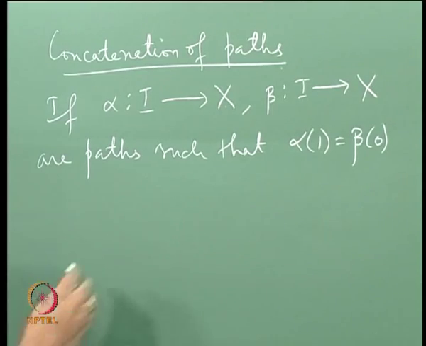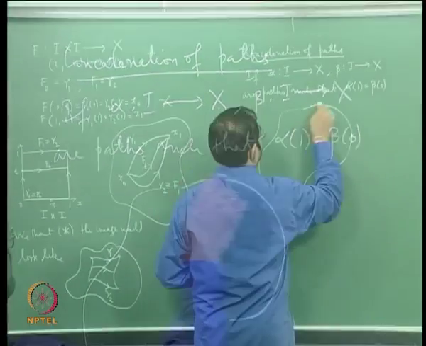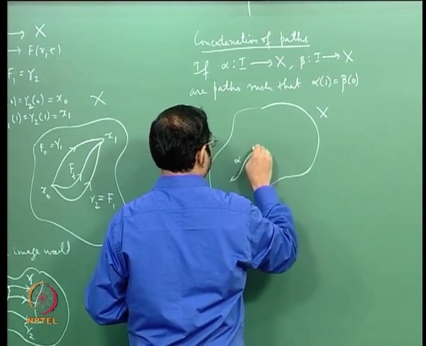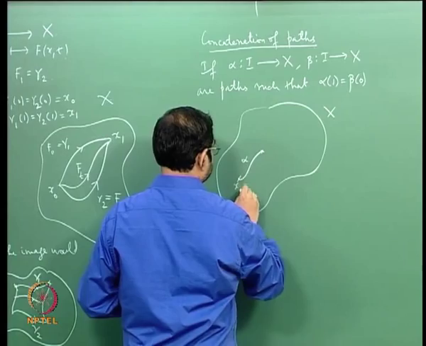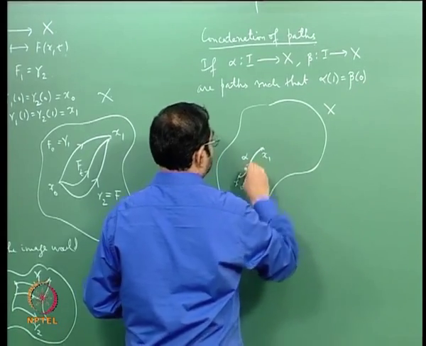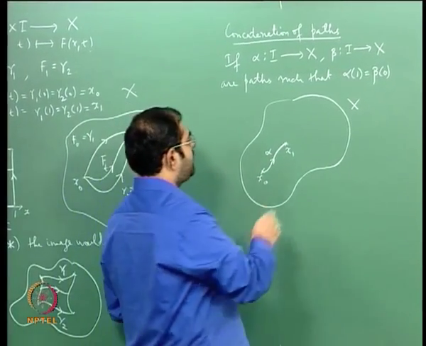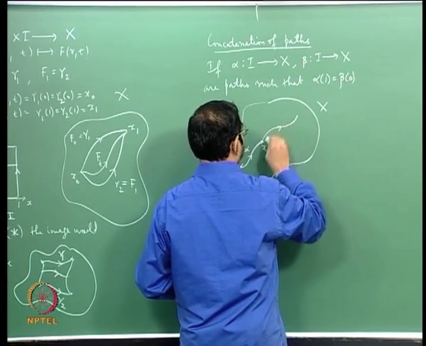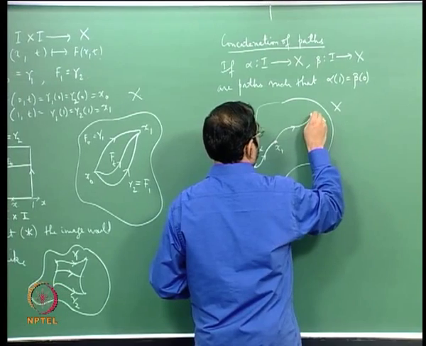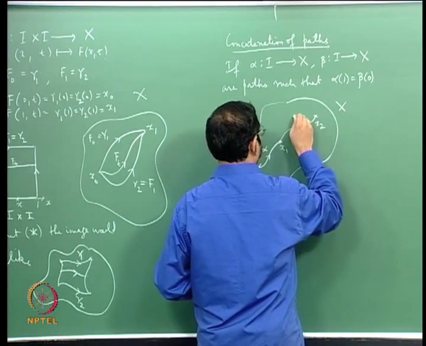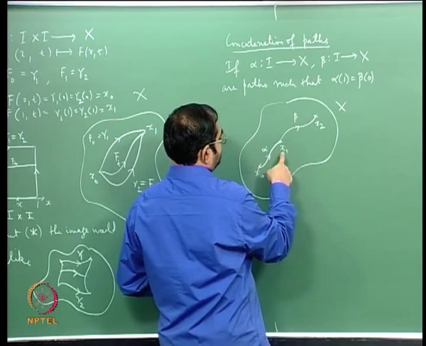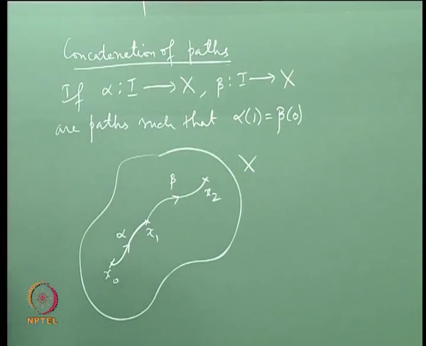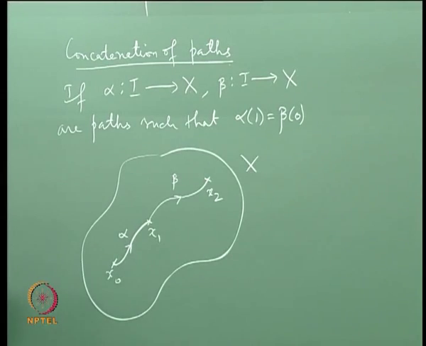So the situation is as follows: you have X here, you have a path alpha which starts, let us say, at x0 and ends at x1, and then you have a path beta which starts at x1 and ends at x2, okay. So the endpoint of alpha, which is alpha of 1, is the same as the initial point of beta, which is beta of 0, and that is x1 in this diagram.